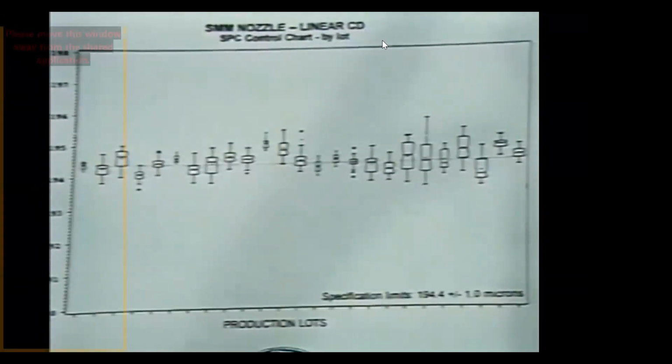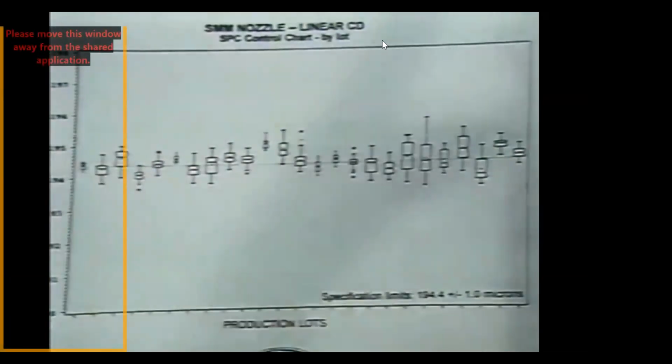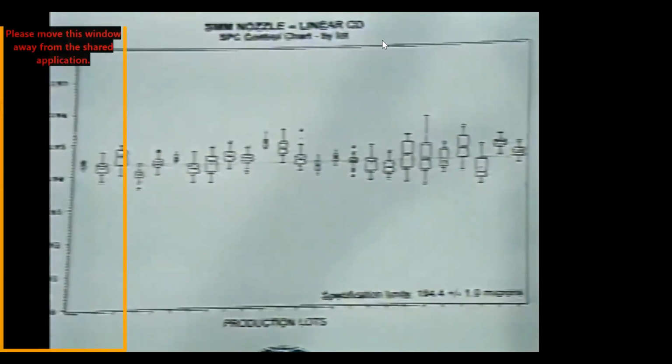It's grouped so that there's an overall population, and each section is worth about 25% of the overall lot. Off to the side is the size of the orifice, and the specified limits of that orifice were 194.4 microns plus or minus 1 micron.